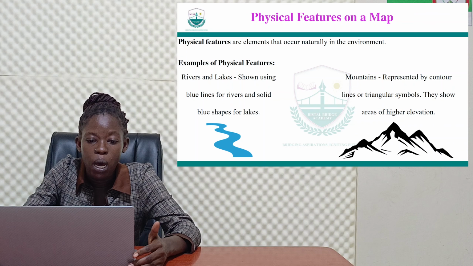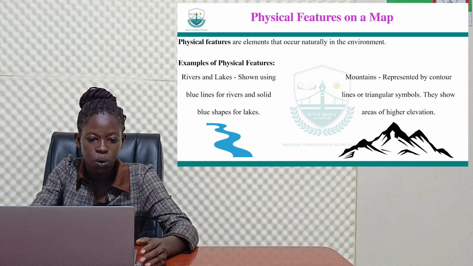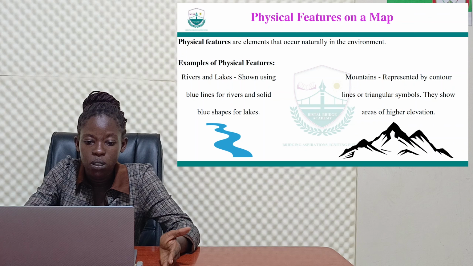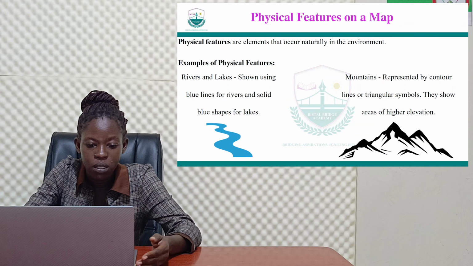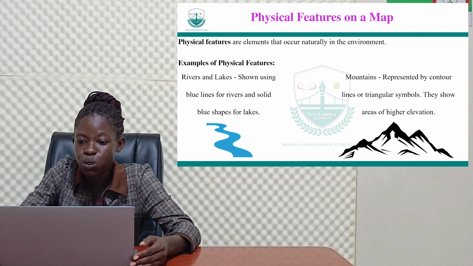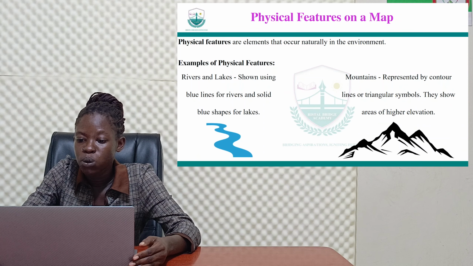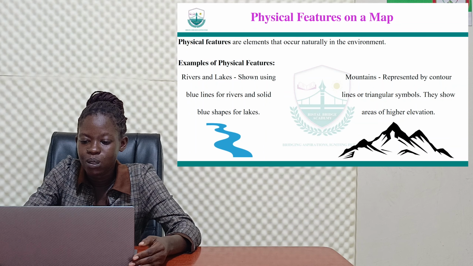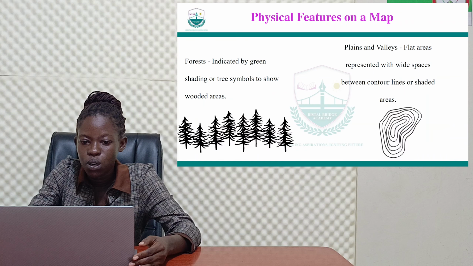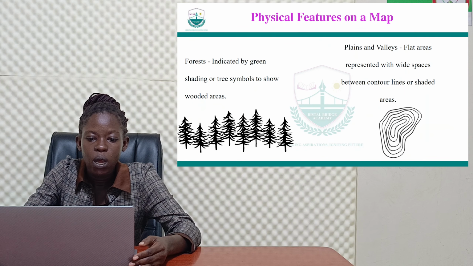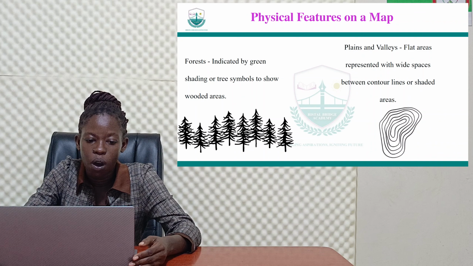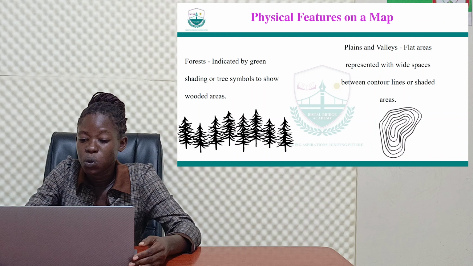We have examples like rivers and lakes, and these are usually represented by blue lines. Also we have mountains, and mountains are represented by contour lines or triangular symbols. Then another example of physical features on the map is forests. Then plains and valleys with their symbols.